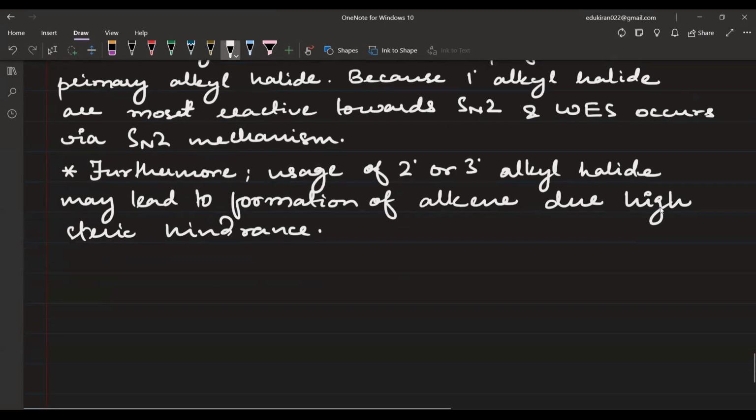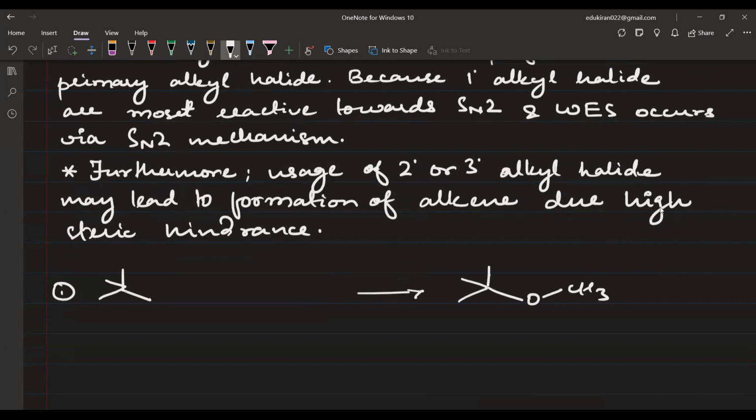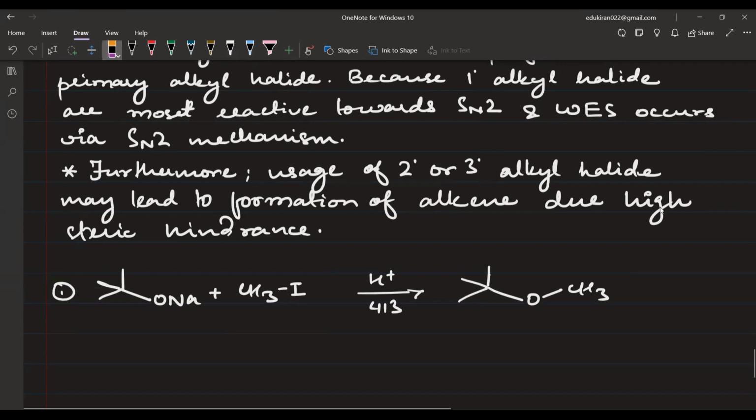Okay, so let us suppose I want to make this product, O, and then we have CH3 here, right? I can either use the alkoxide ion, which is tertiary, ONa, plus CH3I with some heat, no H plus, only some heat.